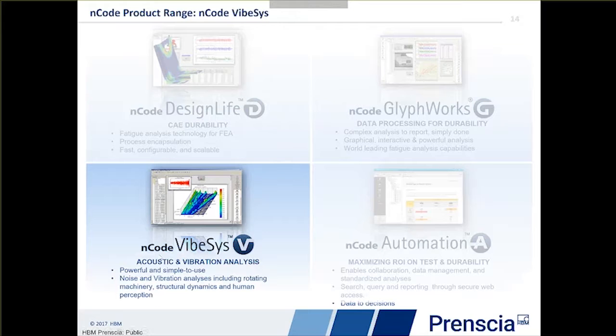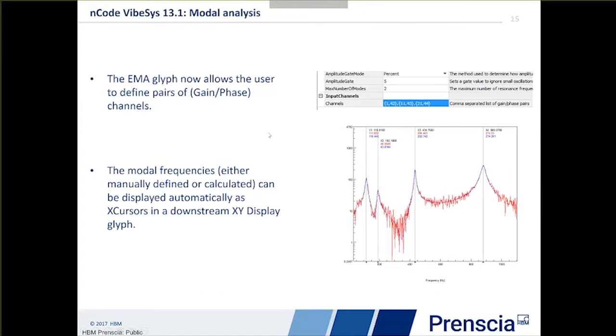So VibSys for acoustics and vibration analysis. Here in version 13.1 we've done a few enhancements to the experimental modal analysis glyph. Previously you couldn't force it to consider this channel as gain and this other channel as phase. It was trying to be slick enough to find out which channel was a gain and which channel was a phase, in order to extract the modal parameters from it.